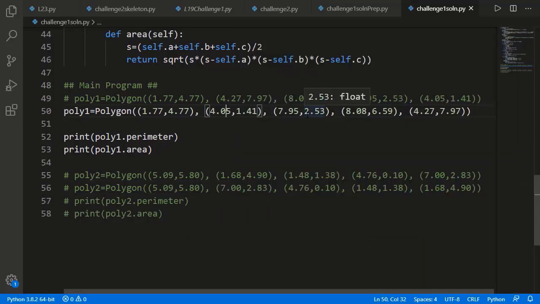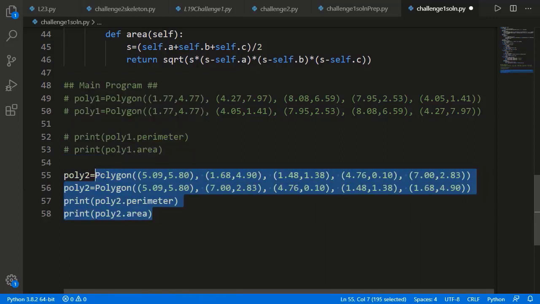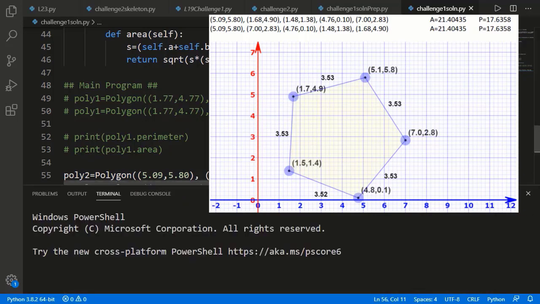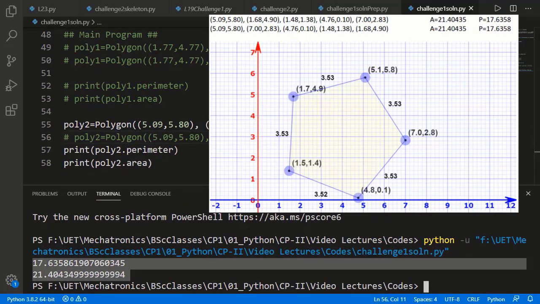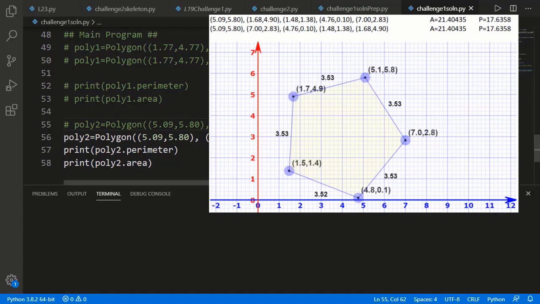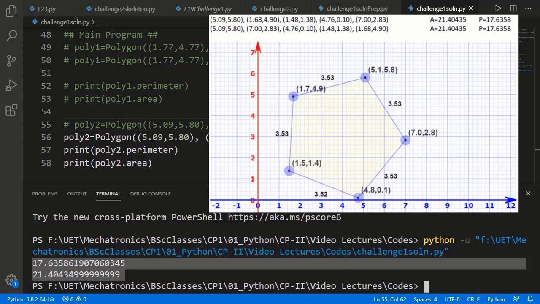Now let's verify for the second triangle. And the results are correct for this one too.